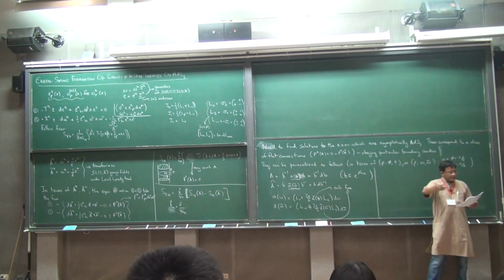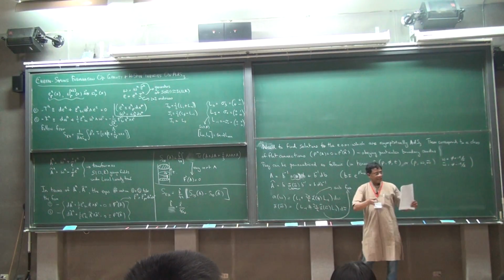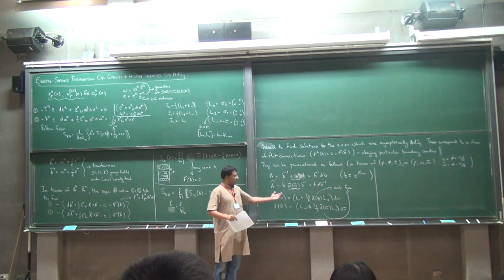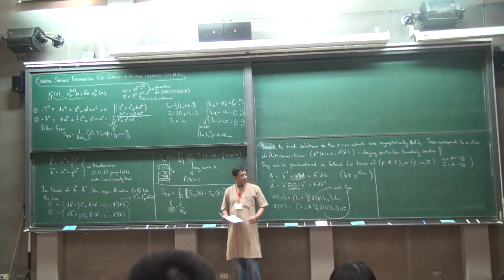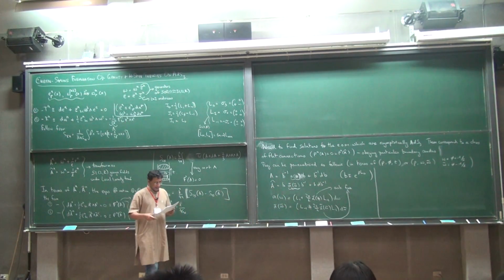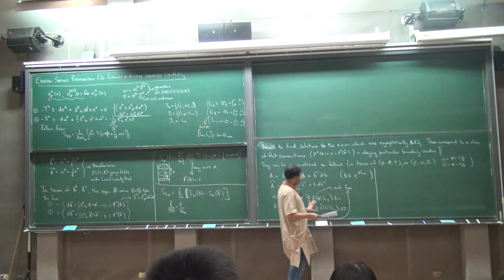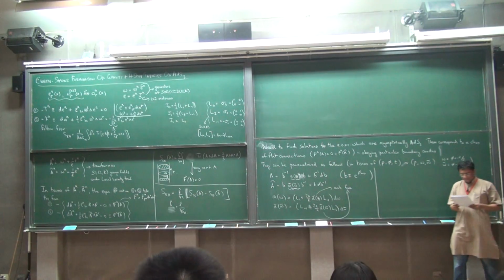So let me write down the global AdS solution in these coordinates, and then you will see that global AdS corresponds to a particular value of L and L bar.